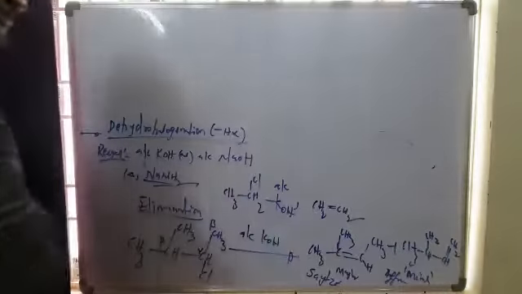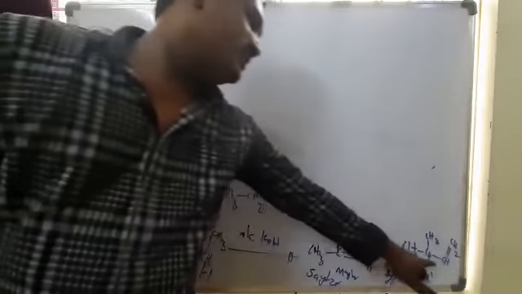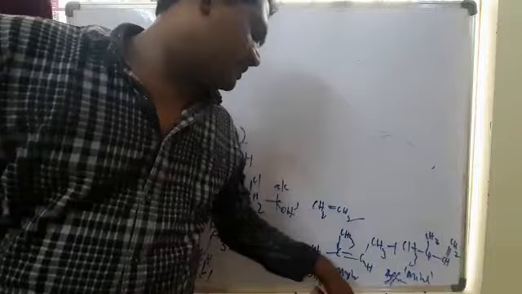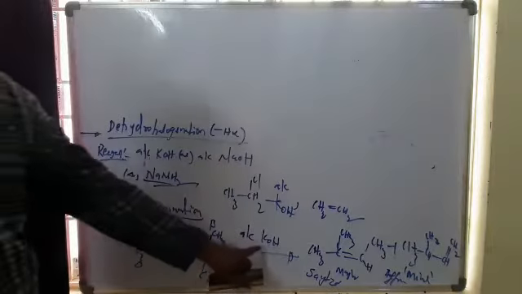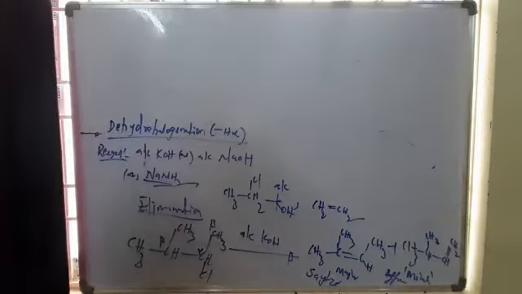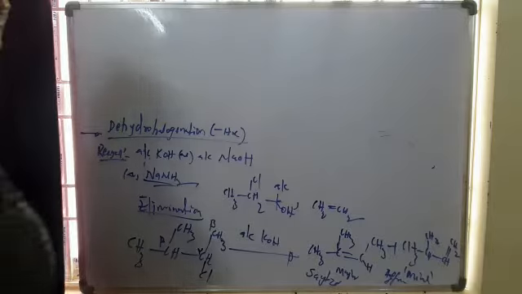The major product is the highly substituted alkene. This is the Saytzeff product. This is the Hofmann product, the less substituted alkene. So if you use this base, the highly substituted alkene we will get as the major product.